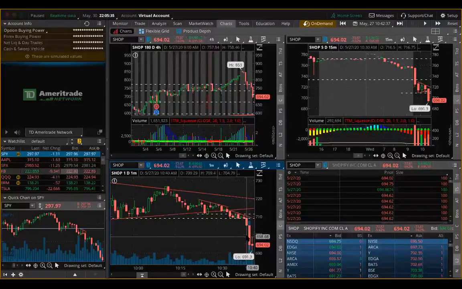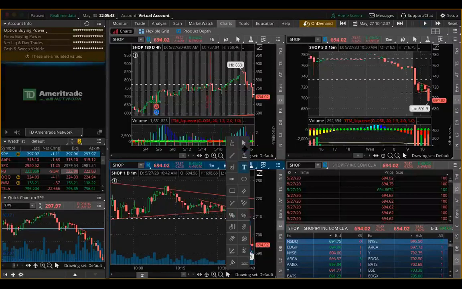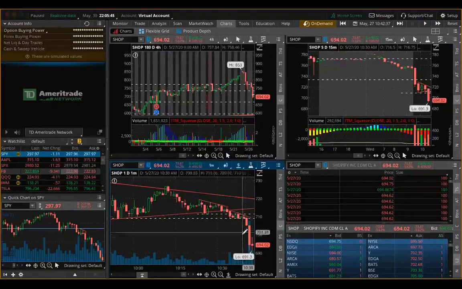So we've come up to almost the 700 level. That's a big round number, a psychological level. I'm just gonna draw a level right there. This is literally how I trade, guys. Let's say I bought 2 contracts.